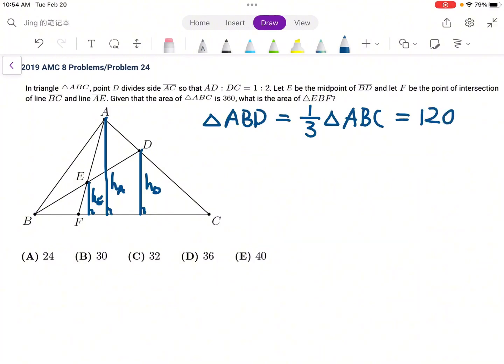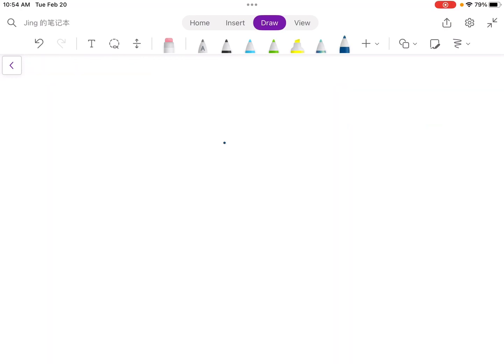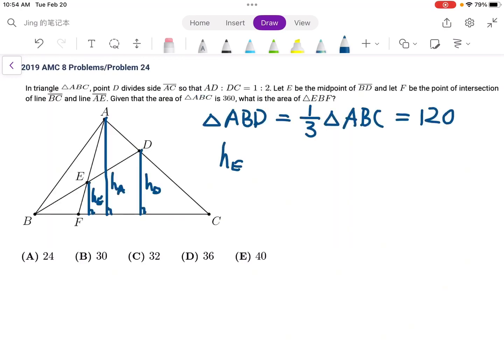And then because E is the midpoint of BD, therefore HE equals 1/2 HD. And because again DC is 2/3 of AC, that means HD is also 2/3 of HA, so this is multiply 2 over 3 HA.